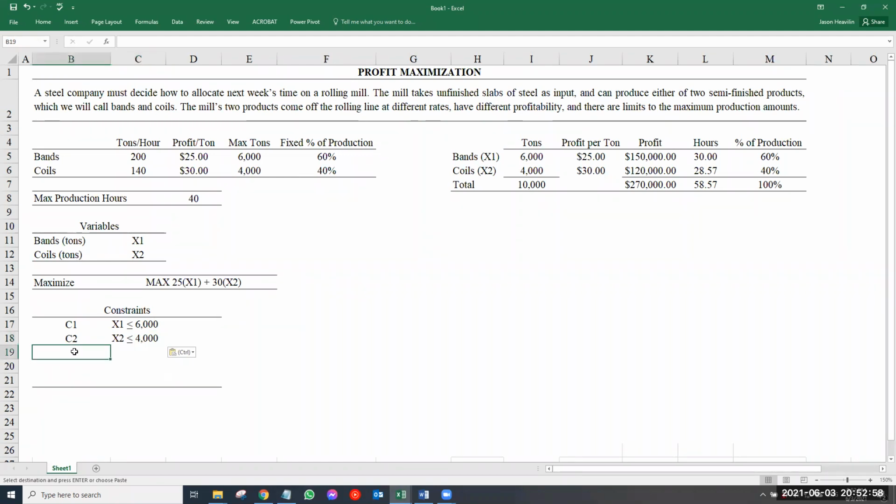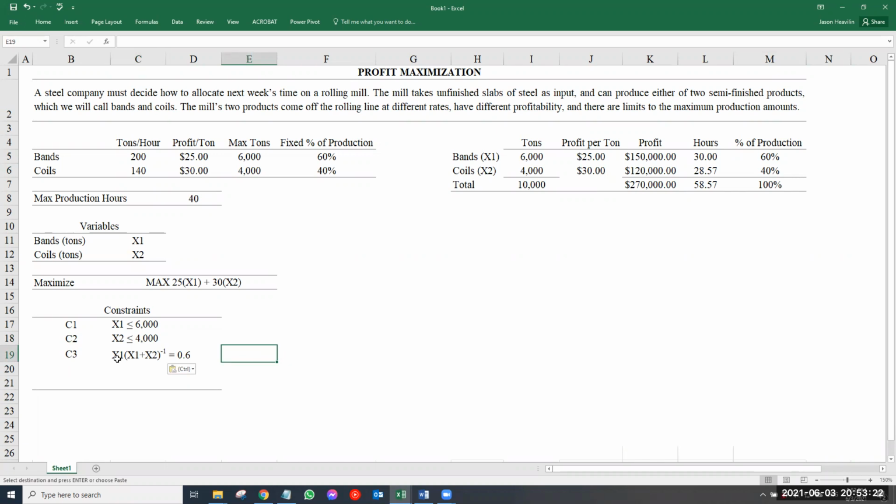What else do we know? We know that there has to be that 60% production level for bands and 40% production level for coils. So we already spoke about how we wrote the formula that instead of dividing, we did the exponent thing.